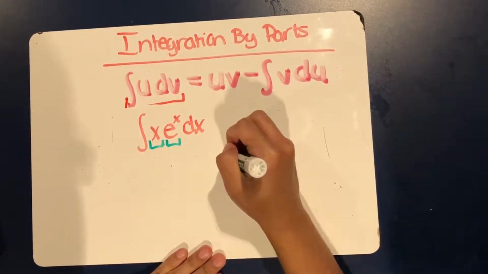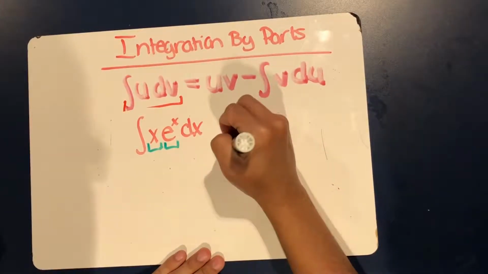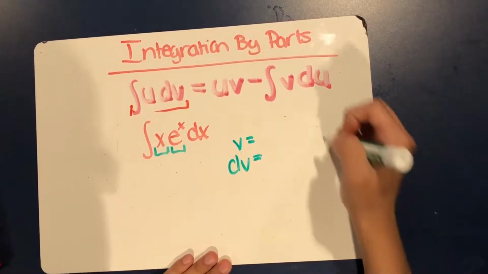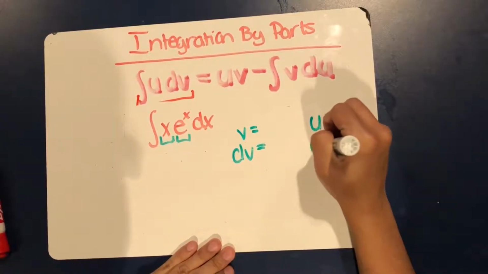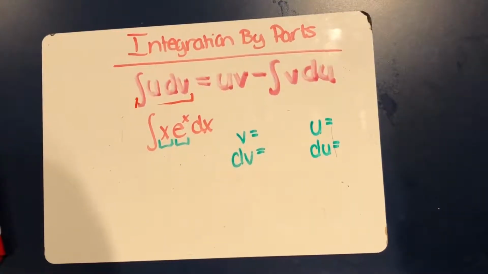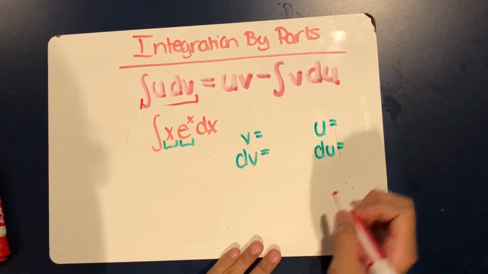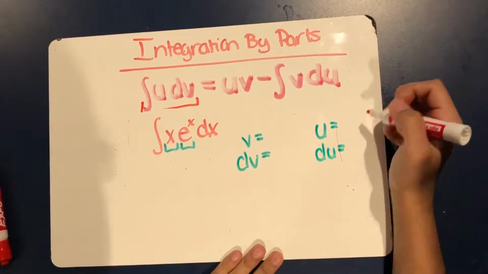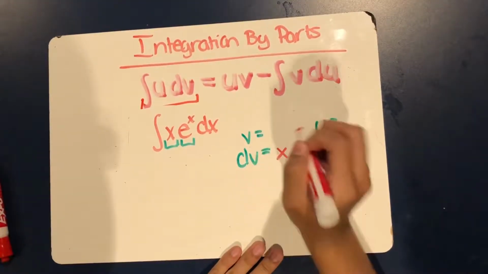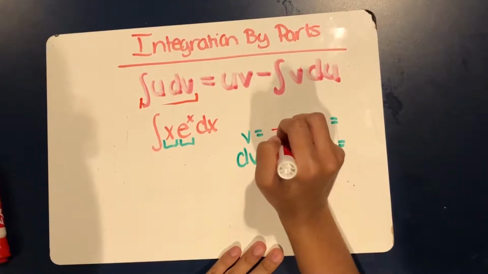So we say dv is equal to something, and then we have v equal to something, but then we also have u equal to something and du also equal to something. So let's try setting dv equal to x, and the integral of that would be x squared over 2.